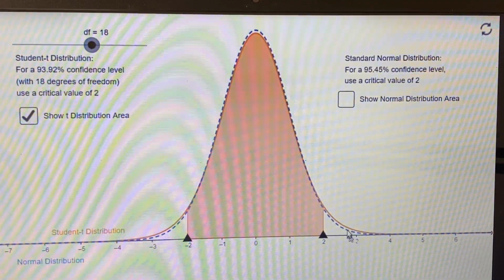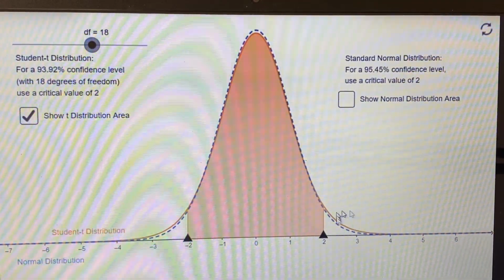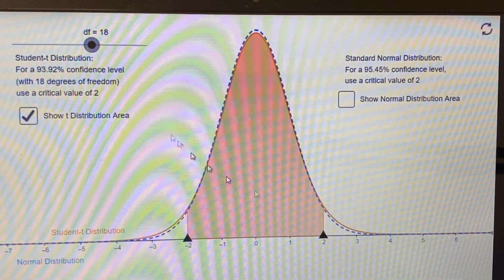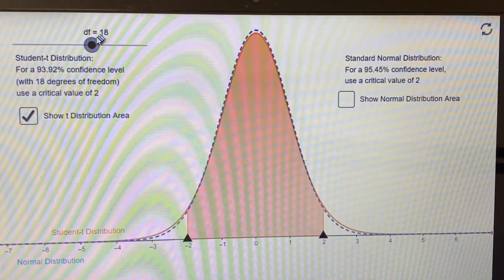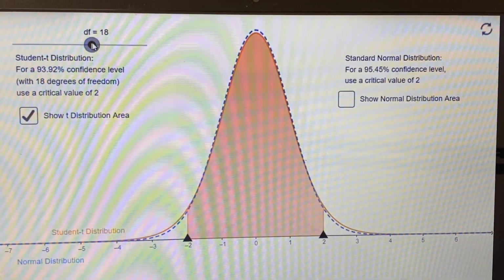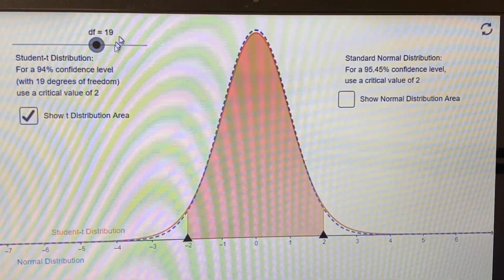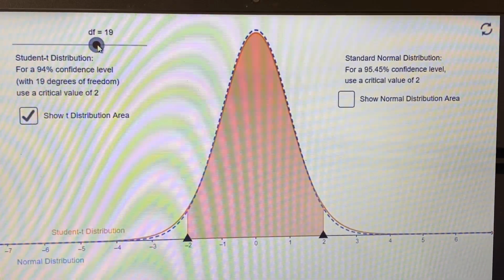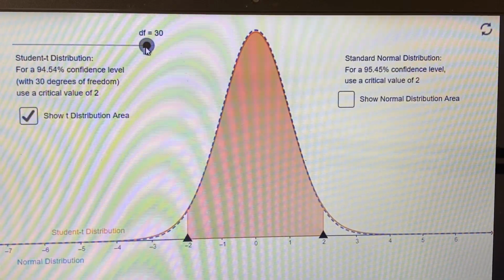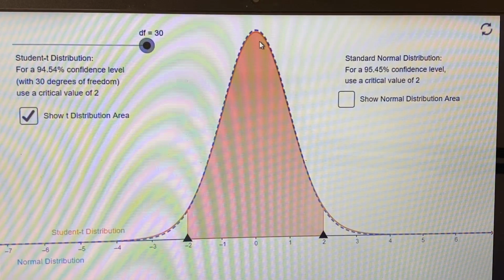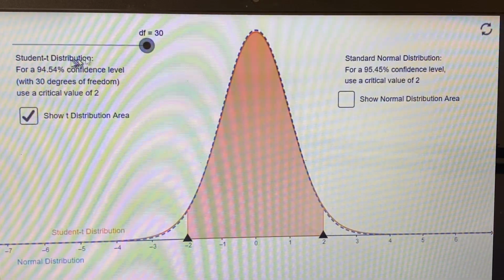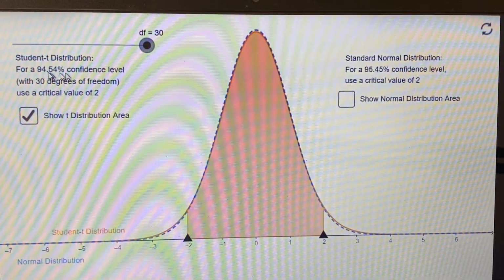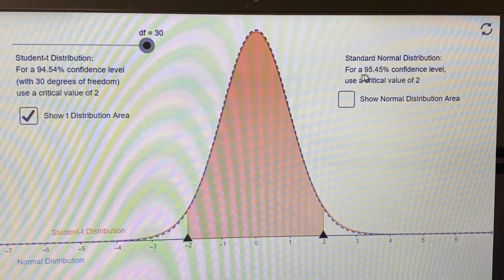And notice down here, this also is getting closer and closer to the normal curve. So this is a sample size of 19. So here's 19 degrees of freedom. So this would be a sample size 20. And this little applet allows me to go all the way up to 30. Notice that at 30, we are pretty much the same as the normal curve.